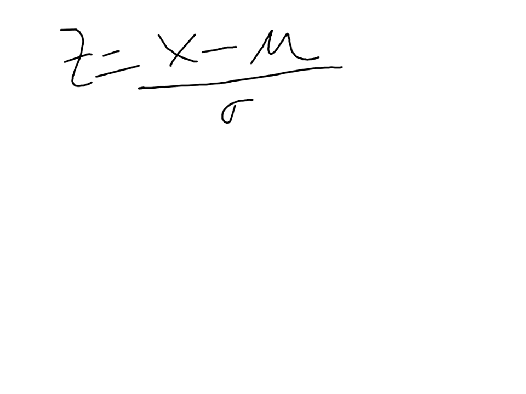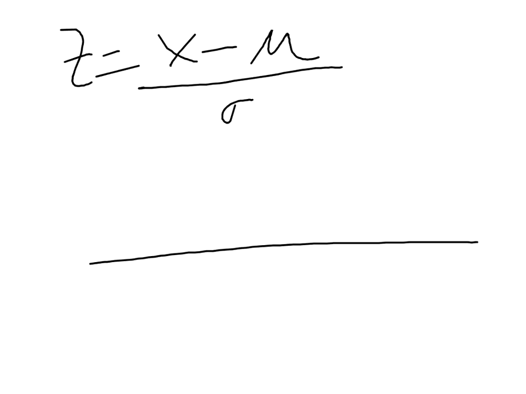Okay, here's the other thing I mentioned, but I'll mention it one more time. The z-value or z-score is actually the number of standard deviations that a particular value is away from the mean.